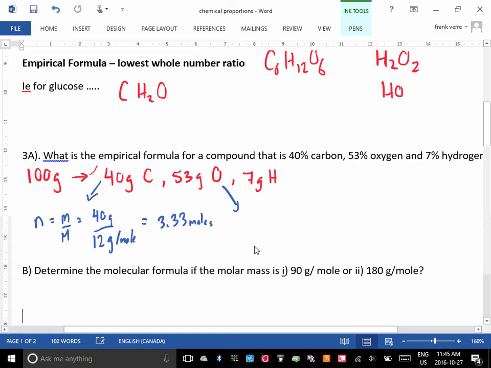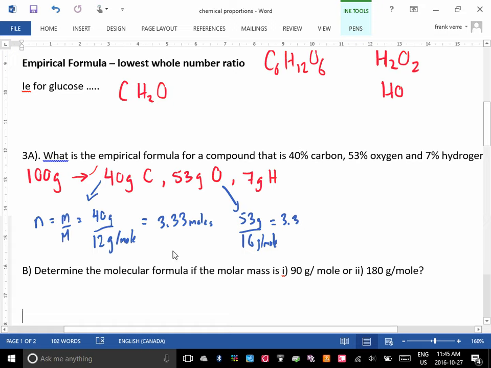Now I'm going to do the exact same thing for oxygen, but I'm just going to use the molar mass of O, not O2. Remember, the molar mass of O2 is 32, but the molar mass of O is just 16. Very good. So how many moles is 53 grams? Well, that would be 53 over 16. And what would that be? 3.33.